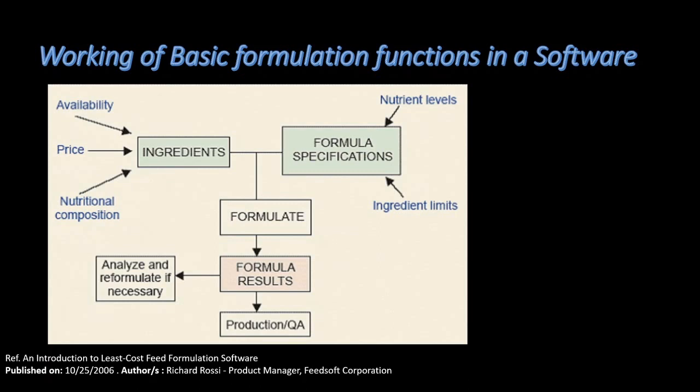Then, if it is integrated with the feed mill, it can be put directly to the feed mill panel where it can be processed, and that can result in the production of that compound feed. Quality assurance can also be done.